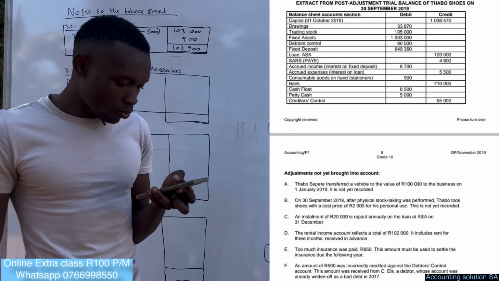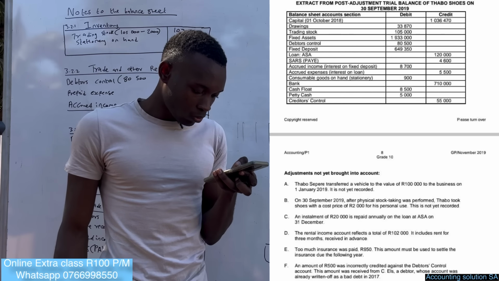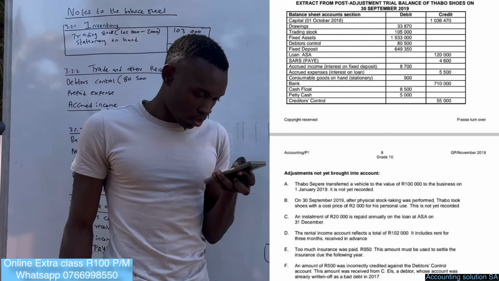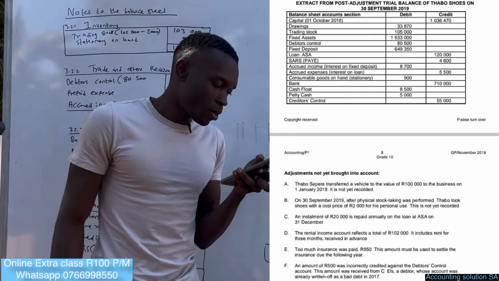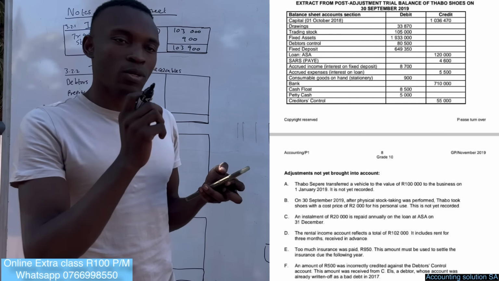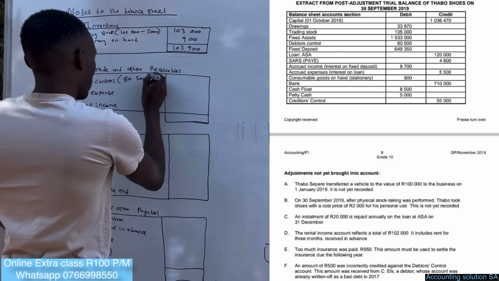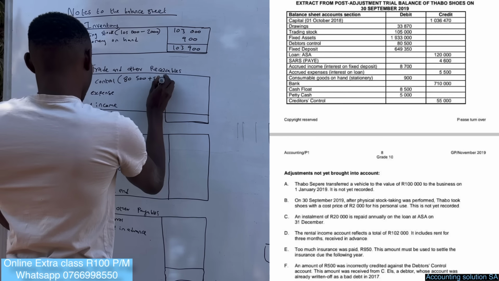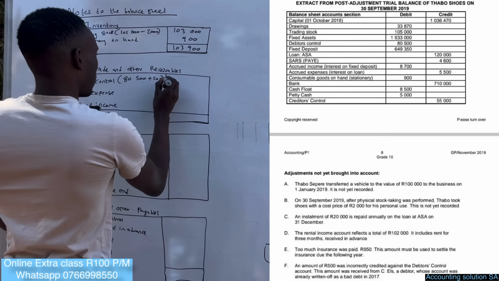So this account was credited instead of debited. What do we do in this case? Obviously we have to reverse it. Something that has been subtracted, when we reverse, we add it back. So we are going to add back 500, and it's going to give us 81,000.